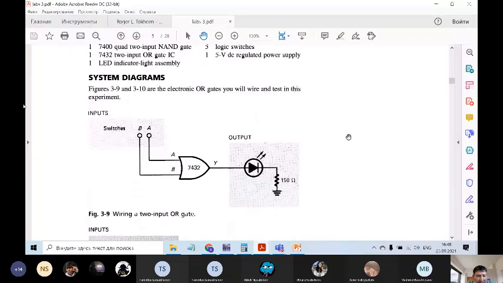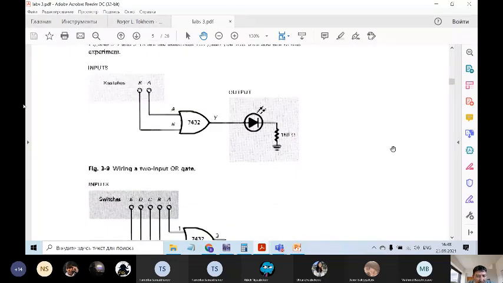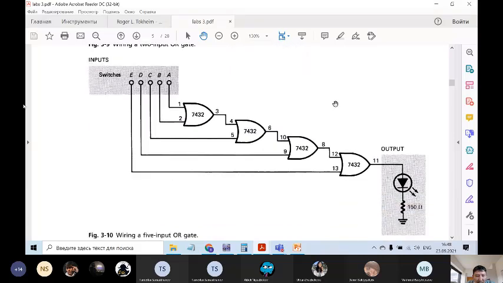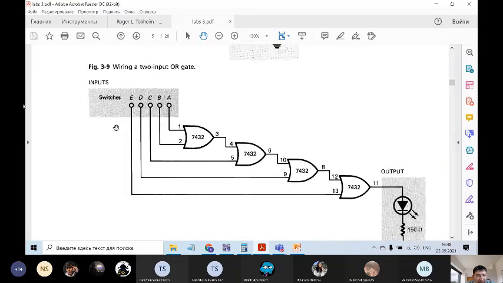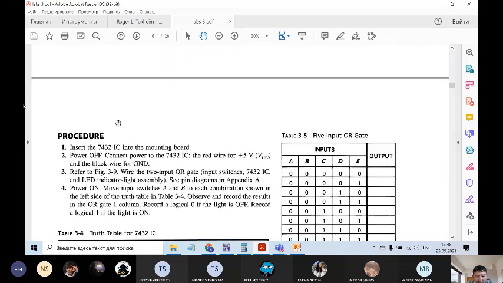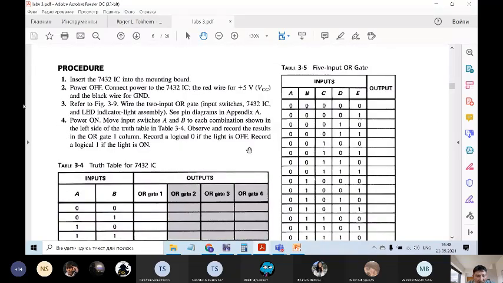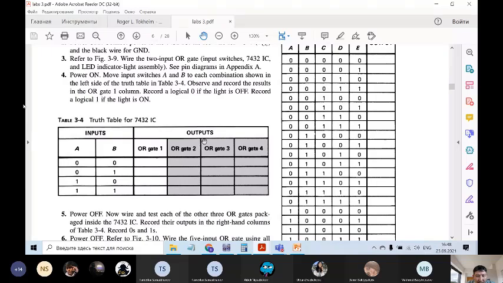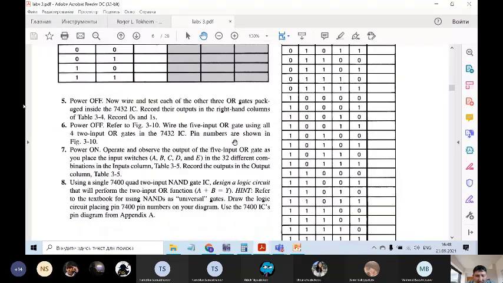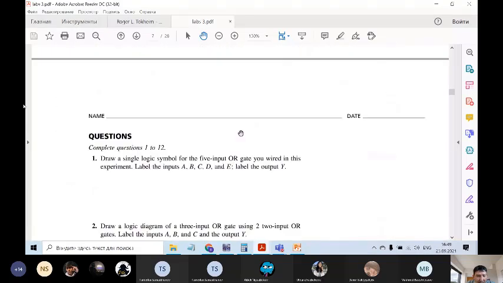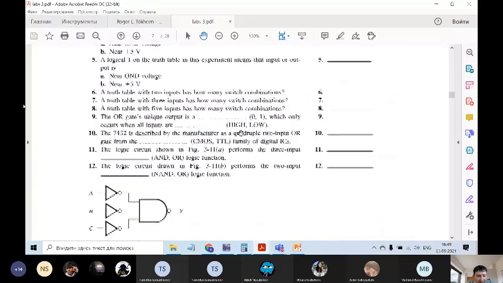Next one will be OR gates. Simple ones with two inputs, and a more complicated one. Here you see some truth tables. Some maybe should be filled up.